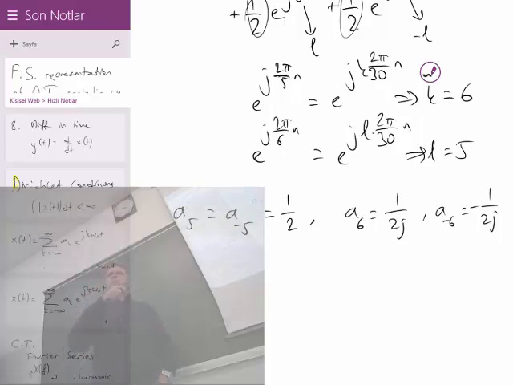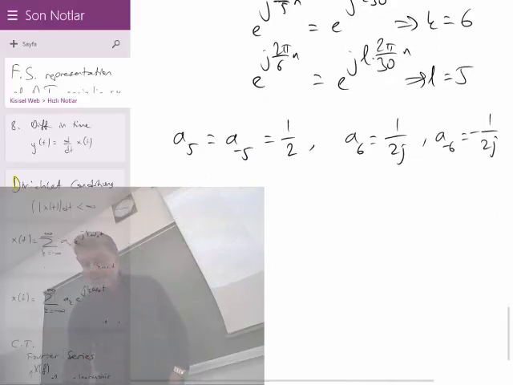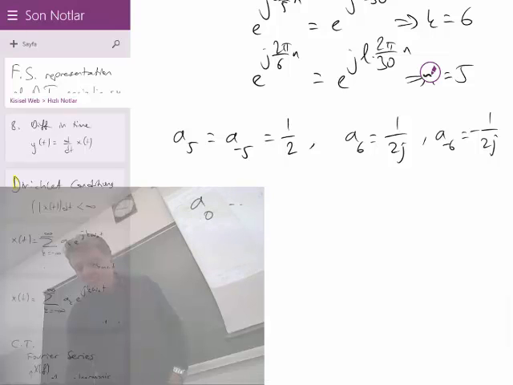Okay? So these are the Fourier series coefficients. Suppose that I push a little bit further to ask you to give me the harmonics, or the Fourier series coefficients, between 0 and the period, 0 and 30. So I don't want you to tell me what A minus 5 is. I want you to give me the values between A0 and A29, because the period is 30.